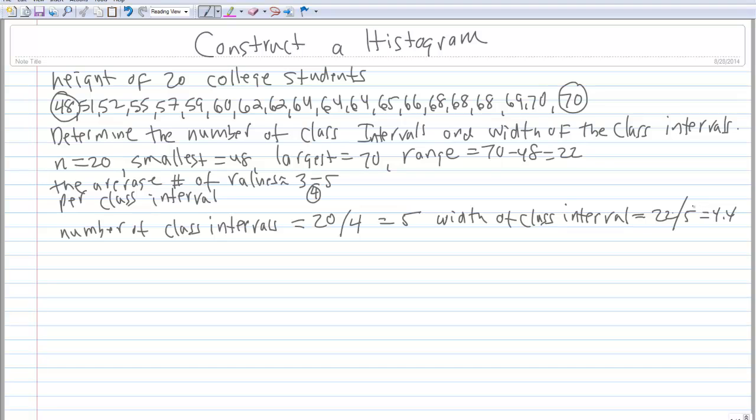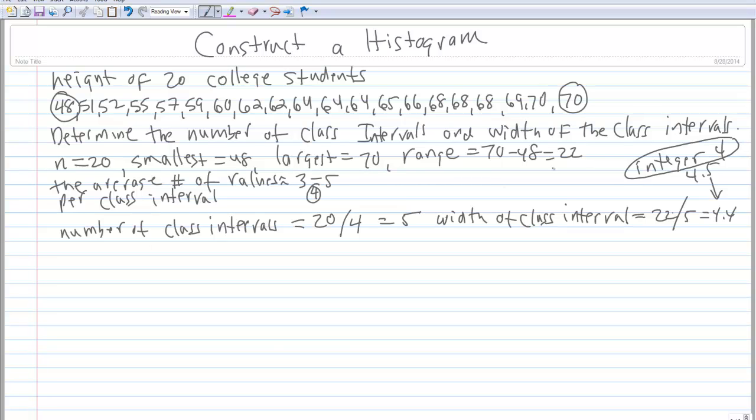Now, when we're determining the width of a class interval, we don't want that width to typically be a number which has a 0.4 in it. We like this to usually be either an integer, for example, like 4, or possibly something that's like 4.5. That just makes the calculations easier when we construct the class interval. So what we're going to do here is make the width of our class interval be 4.